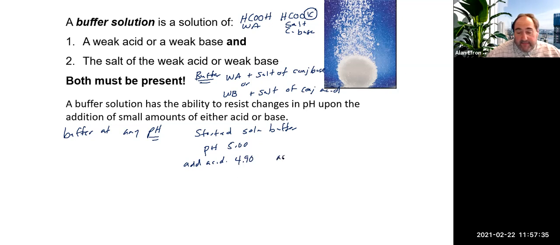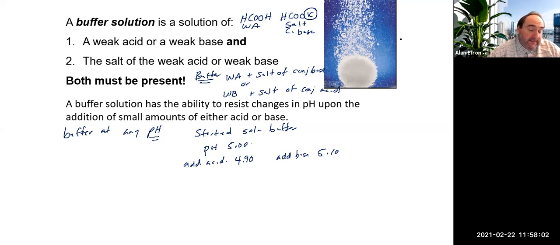Or maybe if I added base to that buffer, maybe it goes up to 5.1 or something like that. But it will not jump from like 5 all the way to 12 if you add a base to it, or go from 5 all the way down. So what a buffer means is whatever pH it's made at, and again, you can make it at any pH you want, it basically is able to maintain that pH without going really crazy.